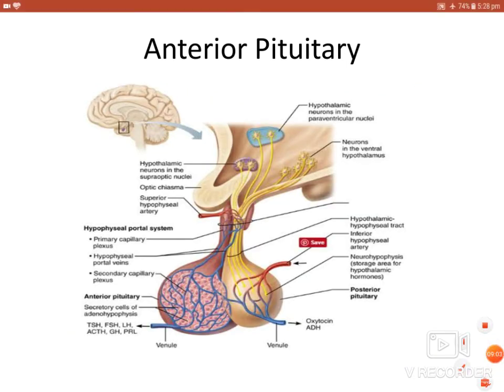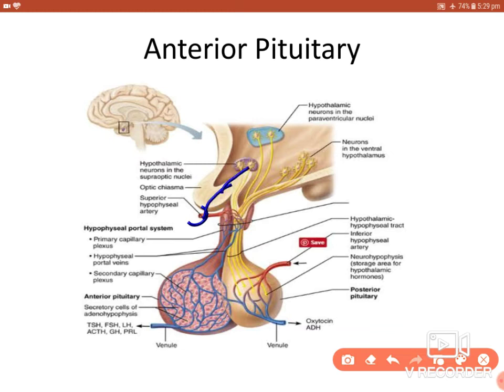Back to the anterior pituitary. See this artery here, this is the superior hypophyseal artery. It is a branch of the internal carotid artery. There are numerous superior hypophyseal branches, some towards the hypothalamus and some towards the anterior part.